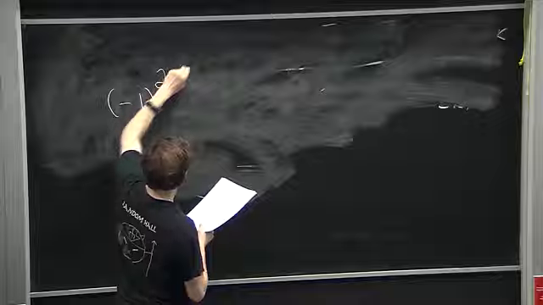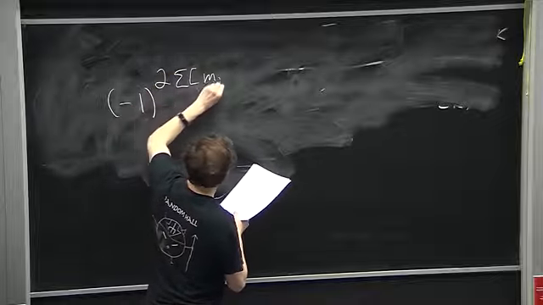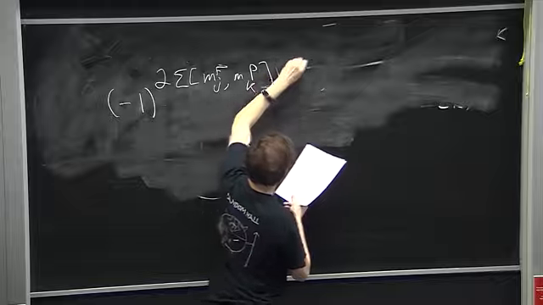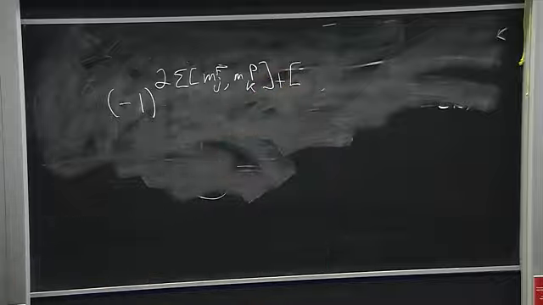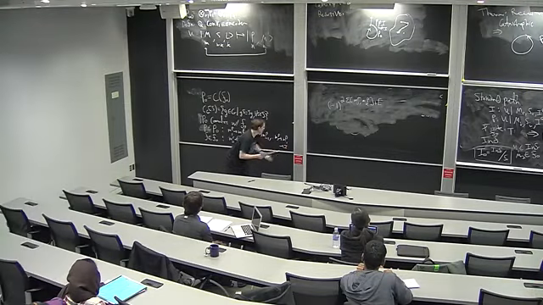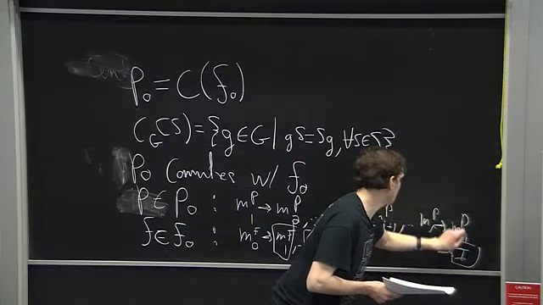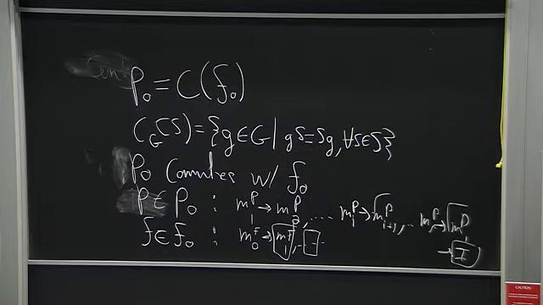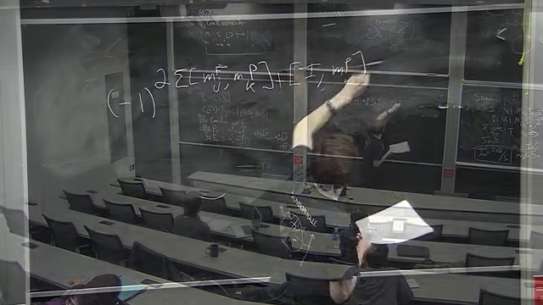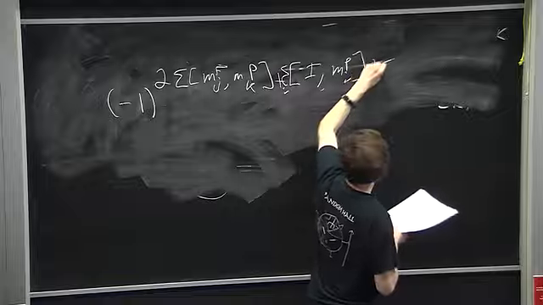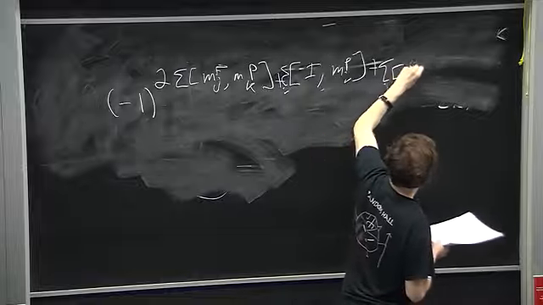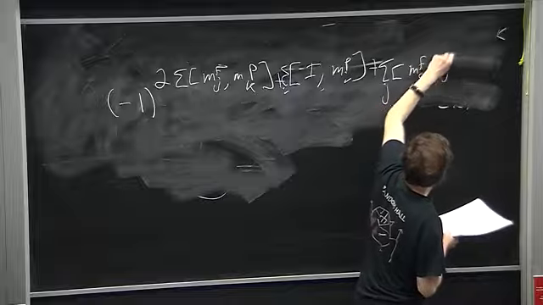So the overall phase will be something like -1 to the 2 times the sum of the commutators of F, M, K, P, plus the commutator of the final state, this goes eventually to the identity, of this guy with each of the outputs from the P. So that's identity with Mi P, sum over I, and then also sum over J of M0, M0F with MJ P.